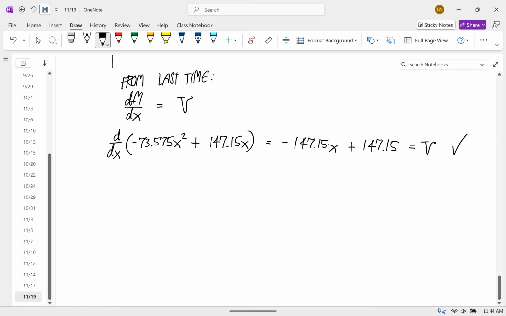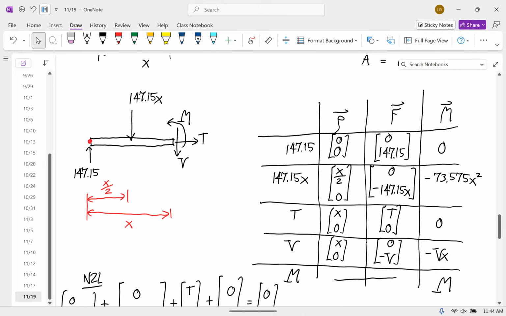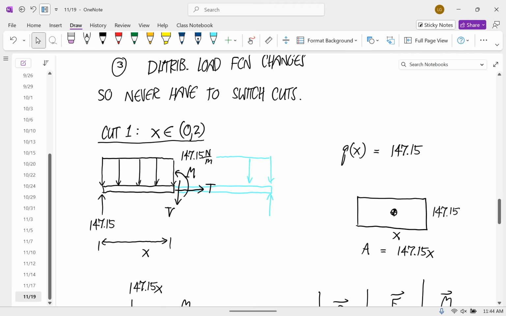That gives us a little more confidence. There's another relationship now that you need to know, and that is that also dV/dx has to be equal to negative q. So q is that function that represents the distributed load. In our case, q was equal to just the constant 147.15.